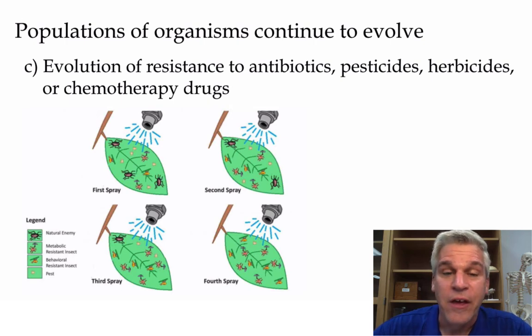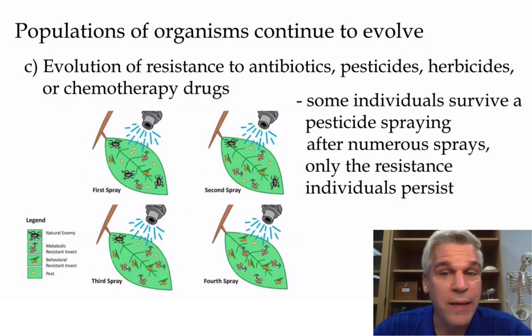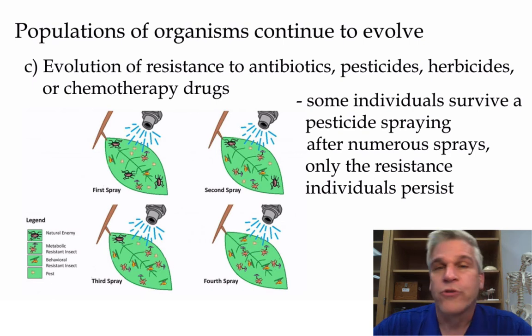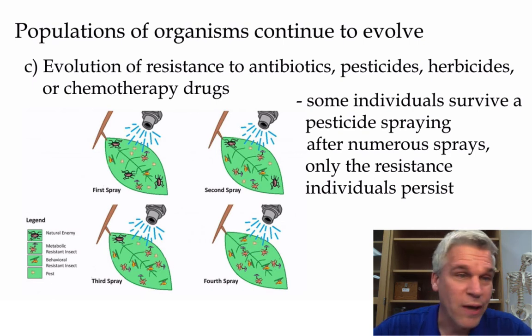Over time, you're going to have a bunch of insects that are resistant to those pesticides. So some individuals survive the pesticide spraying, and after numerous sprays, only the resistant individuals persist, which means you're going to have to come up with new pesticides. The same thing is true with herbicides. When we're trying to kill weeds, weeds can become resistant to some of the herbicides that we use, so we have to constantly be changing up what herbicides we're using.